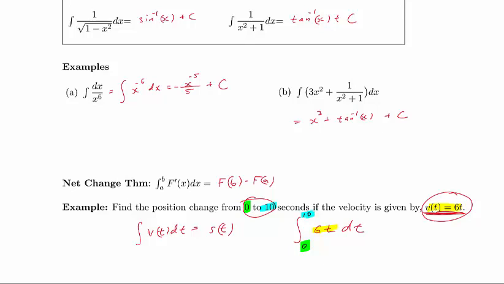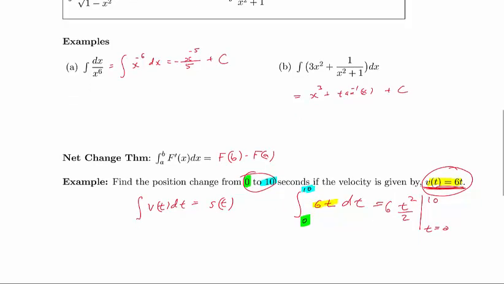All right, so now we're going to evaluate the antiderivative. And so this is going to be t squared divided by 2. Right? If we take the derivative of this guy, you'll get this guy back. And we are going from t equals 0 to 10 seconds. First off, let's go ahead and simplify this down.